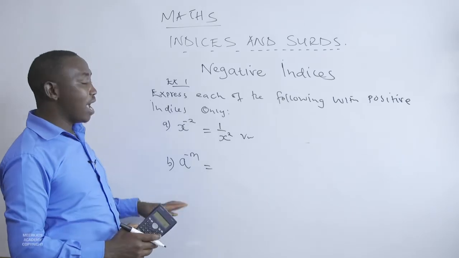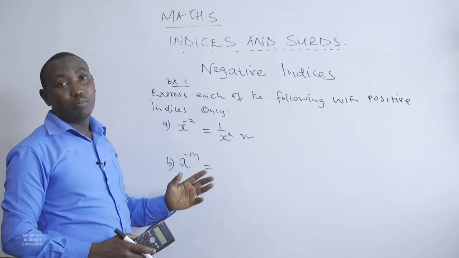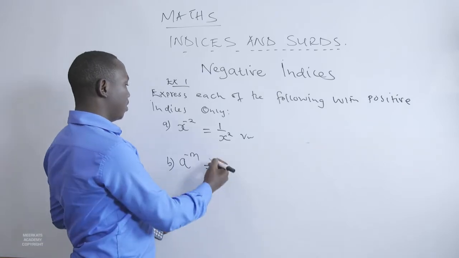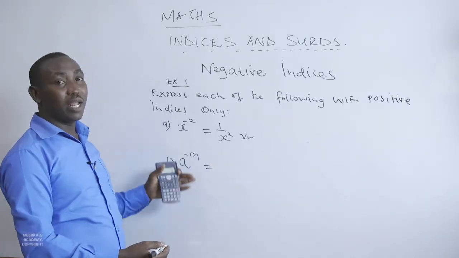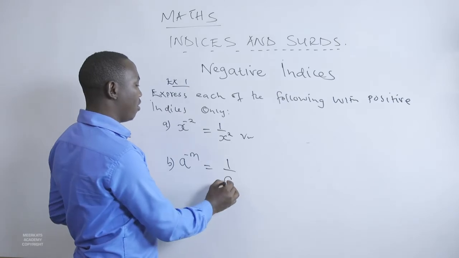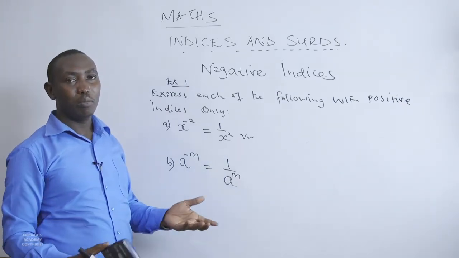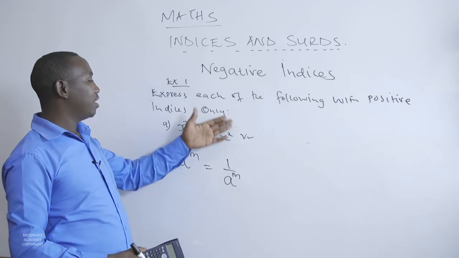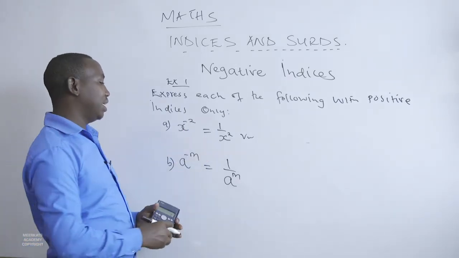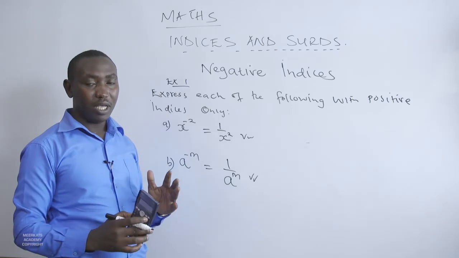We have a raised to the power of negative m. Again, there's not much trouble here. What you simply need to do is to find the reciprocal of a, which will be 1 over a, and of course the power automatically goes to positive. So that is what is expected of you whenever you have negative indices.